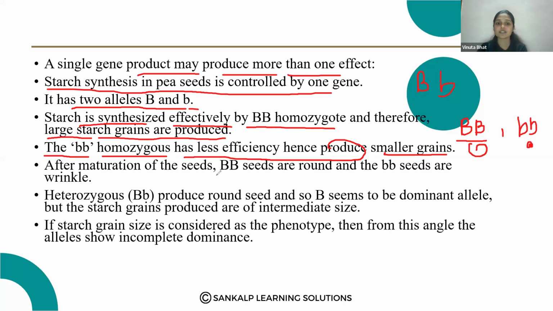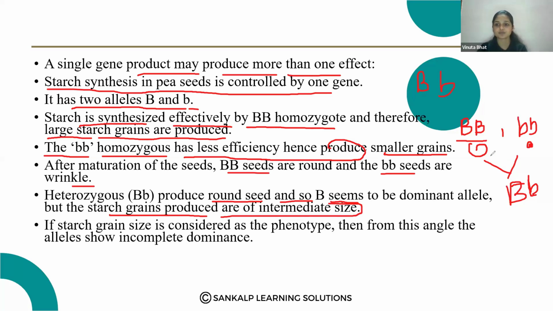After maturation of the seeds, BB seeds are round and the bb seeds are wrinkled. The heterozygotes, when you cross them, the heterozygous condition contains B and small b, and produces round seed, so the B seems to be dominant, but the starch grains produced are of intermediate size.